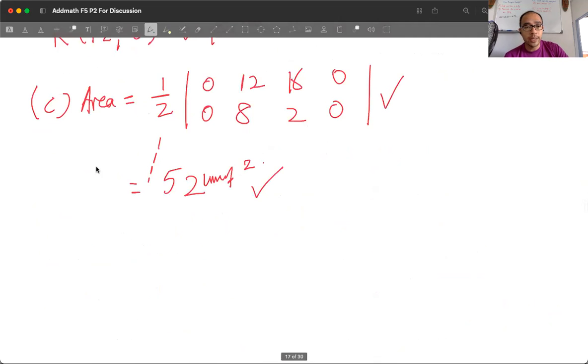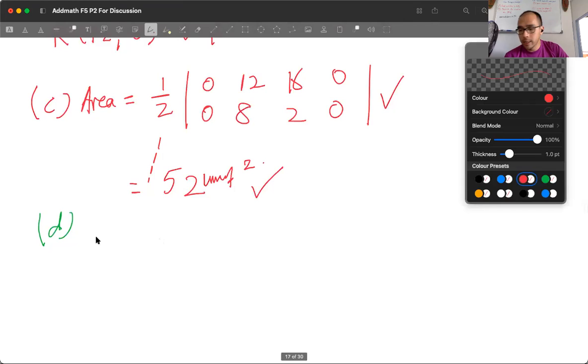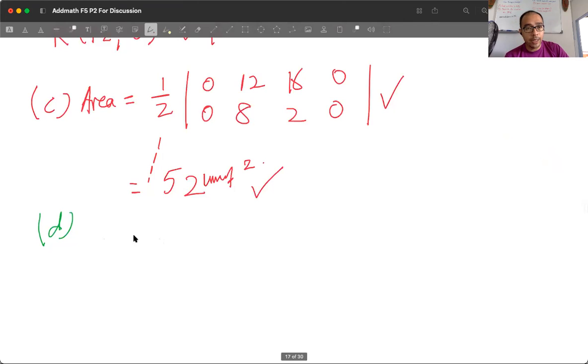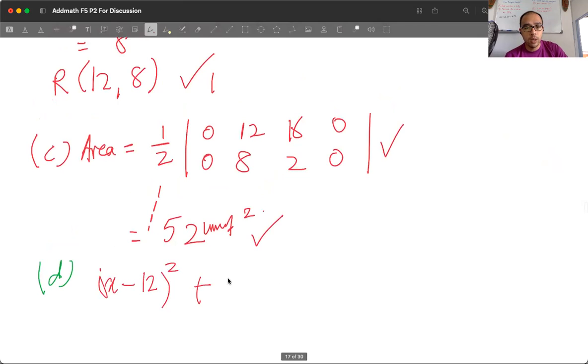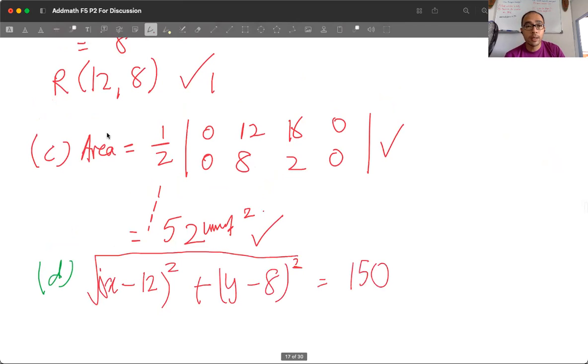So the locus is, sorry, changing back to red color, the square root of x minus 12 squared plus y minus 8 squared equals 150. Where does this formula come from? This is the distance between two points.